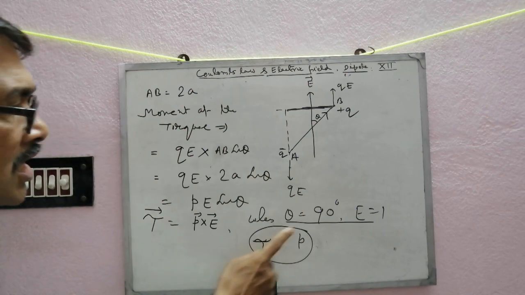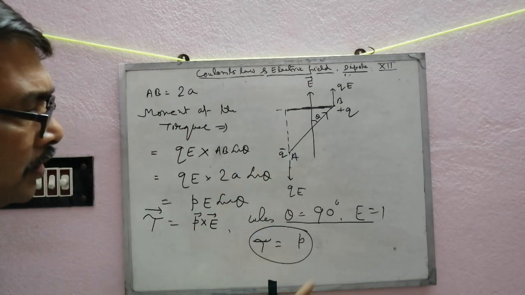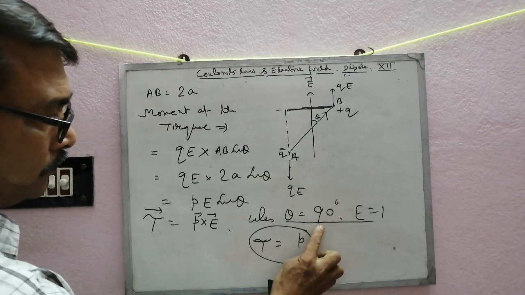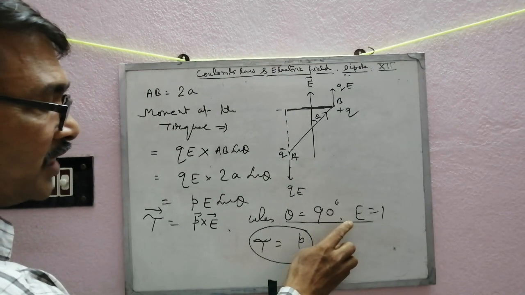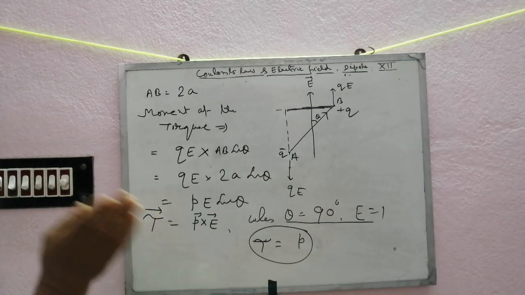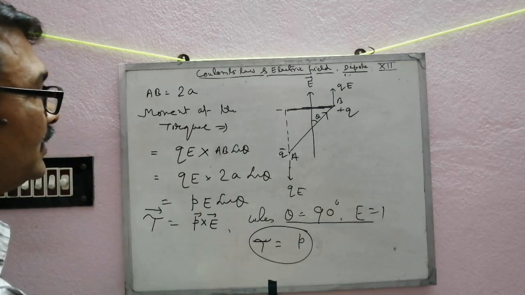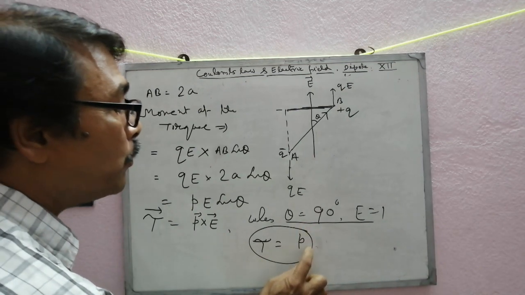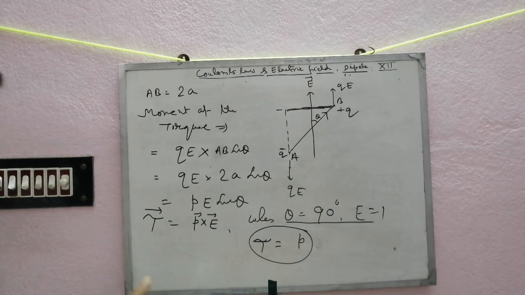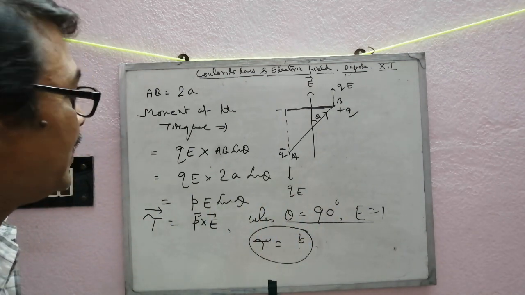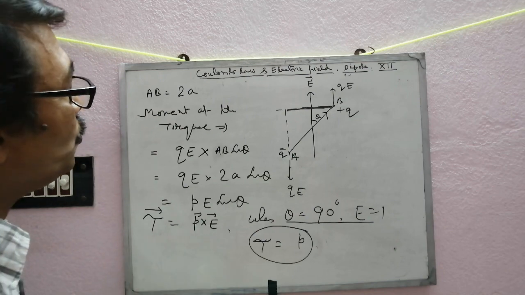Follow. If an electric dipole is placed perpendicular to the direction of a uniform electric field of unit strength, then the required torque is called the dipole moment. Clear? From this equation we get the definition of electric dipole moment. So tau equals P cross E.